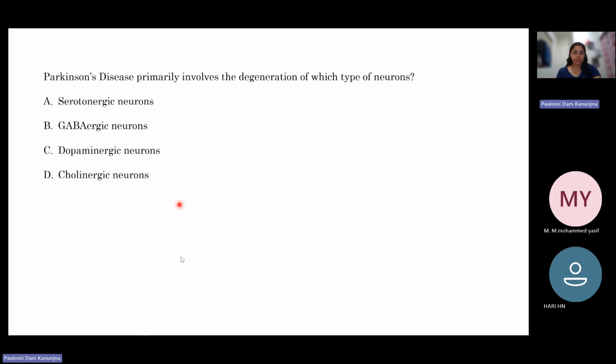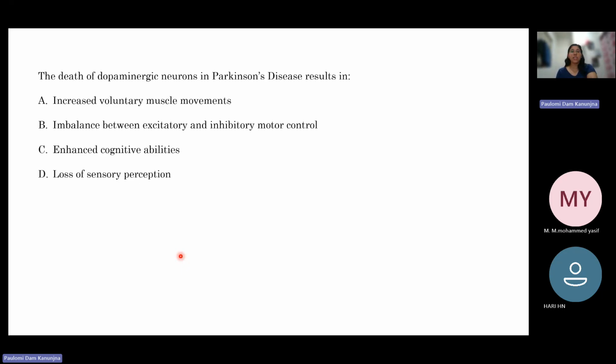Like I just mentioned, it's dopaminergic. In Parkinson's disease, dopamine is the neurotransmitter which is responsible. Great. So for the dopaminergic neurons, there is death in Parkinson's disease.